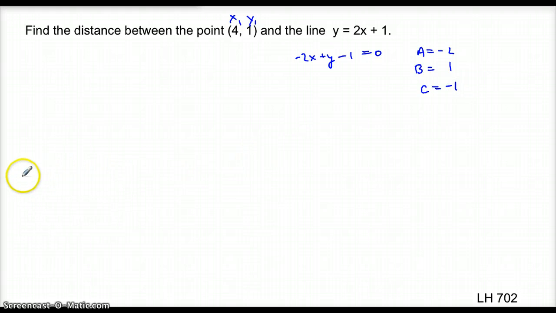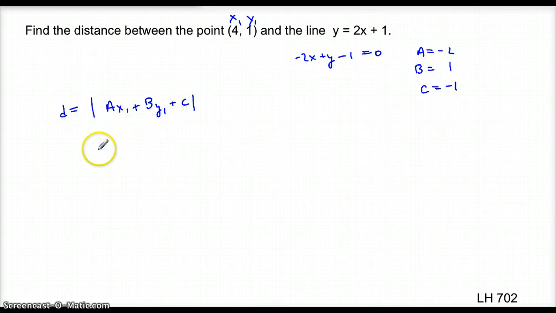So now we can use our formula. Distance equals the absolute value of a x1 plus b y1 plus c, all divided by the square root of a squared plus b squared. Let's plug in our values.